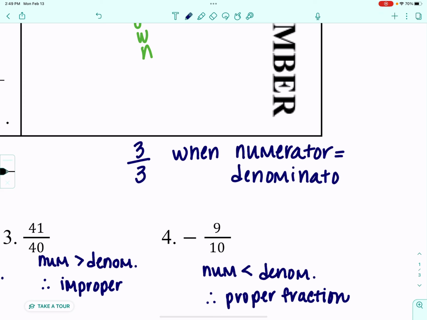Well, when the numerator equals the denominator, we are venturing into improper territory, because we could very easily simplify that to equaling 1. So a proper fraction has the numerator smaller than the denominator. An improper fraction means the numerator is greater than or equal to the denominator.